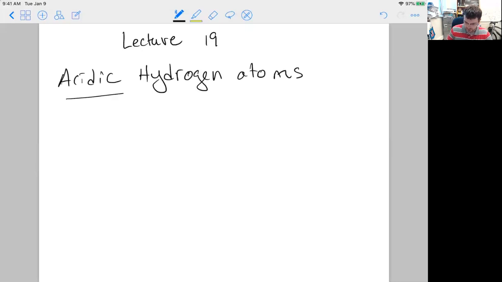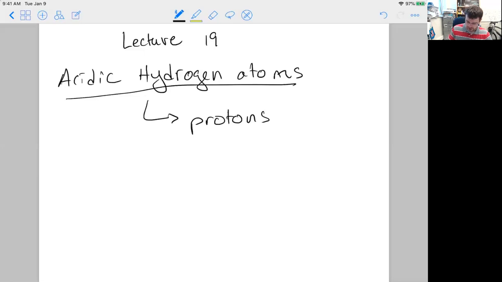These are often called protons. And so you'll often hear me say protons moving around, proton shuffling, deprotonation, a lot of words that have the term proton in them without talking about the nucleus of an atom or subatomic particles.